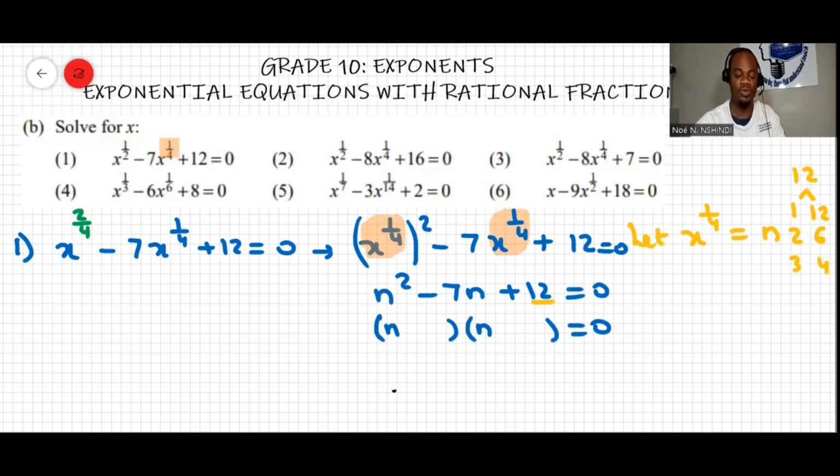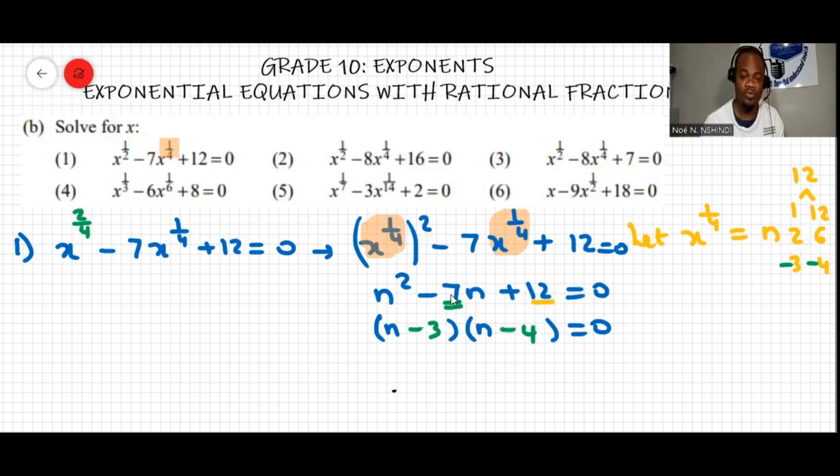To get a sum among the factors of 12 that is equal to -7, it can only be -3 and -4, because -3 times -4 makes positive 12, and -3 plus -4 makes -7. So over here we can just place in -3 and -4.